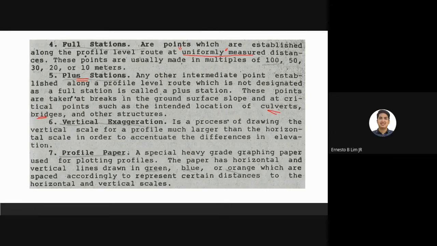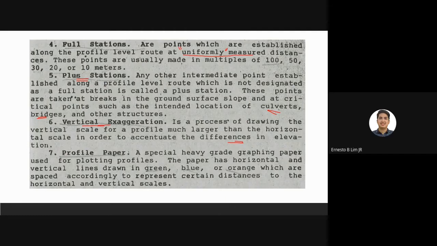Six is vertical exaggeration. It is a process of drawing the vertical scale for a profile much larger than the horizontal scale in order to accentuate the differences in elevation. So there's a need to exaggerate the profile later, specifically for vertical distances, to really emphasize the differences of elevation.